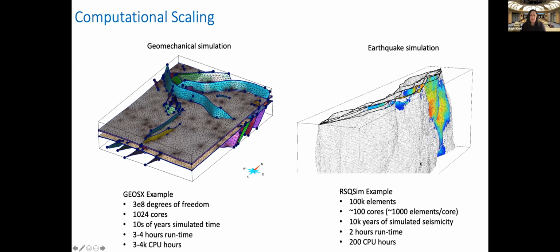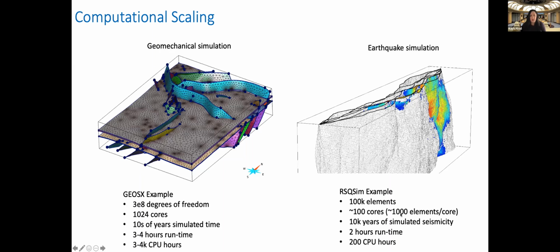And the second thing that we see is for the largest problems with the geomechanical simulations, at least, they take about an order of magnitude longer or more computational resources than the largest of the earthquake simulations.